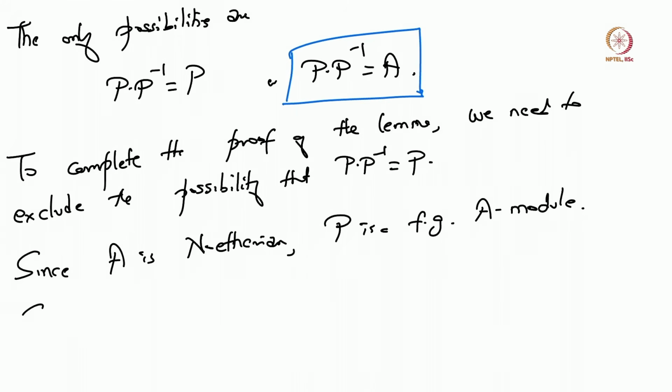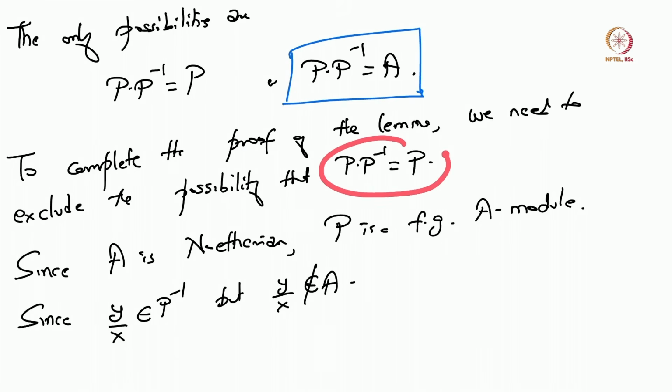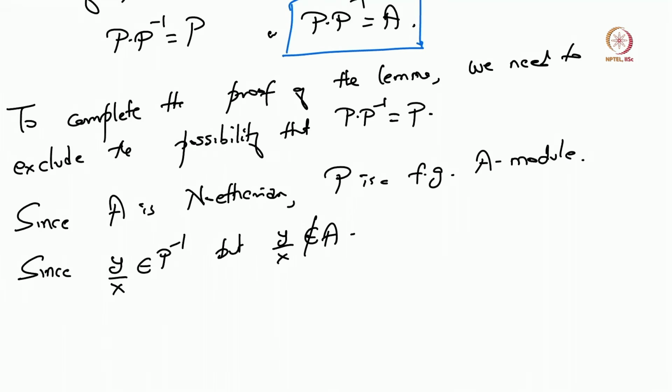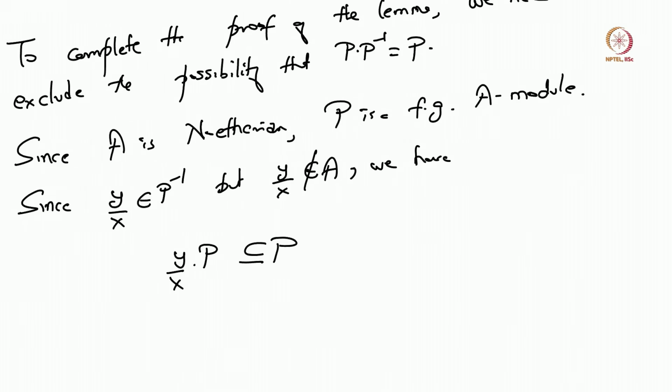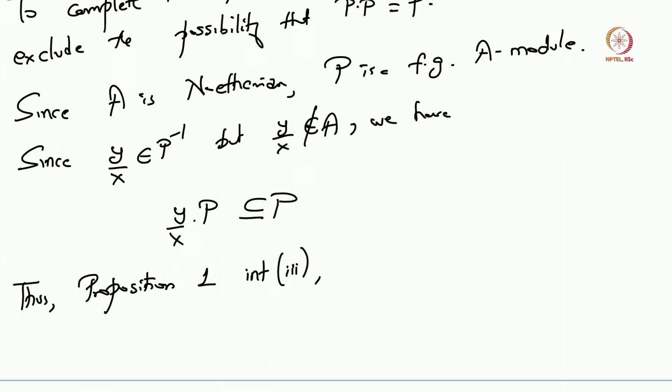Now we have this element y over x which belongs to P inverse, but y over x does not belong to A. Now if P times P inverse was equal to P, what that tells us is that y over x times P still sits inside P. And so, using the characterization of integral elements, which goes back to characterization 3 of proposition 1, since P is a finitely generated A module and y over x times P sits inside P, we have that y over x is integral over A.